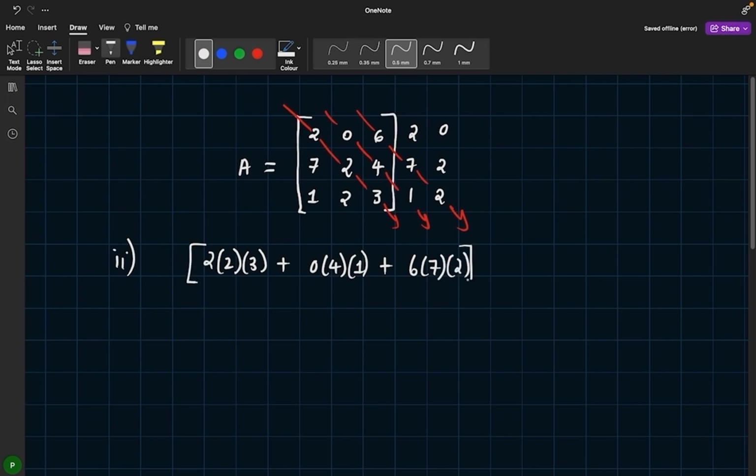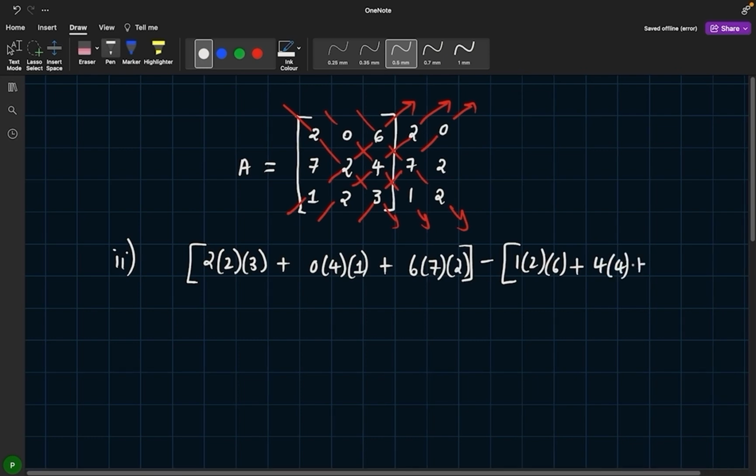That is your first. Now, multiply diagonally this way, and you're going to be minusing the addition of that. So 1 times 2 times 6, plus 2 times 4 times 2, which is just 4 times 4, plus 3 times 7 times 0.